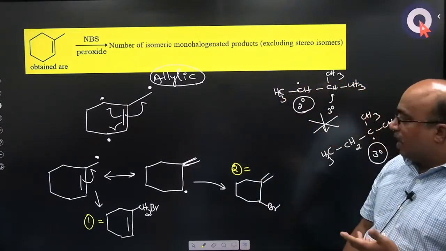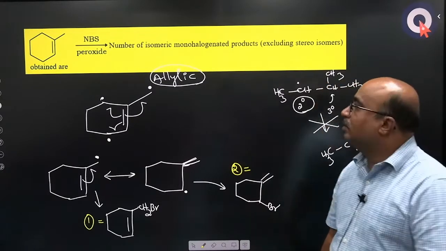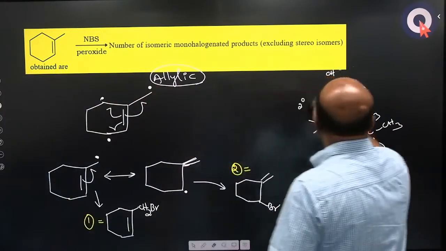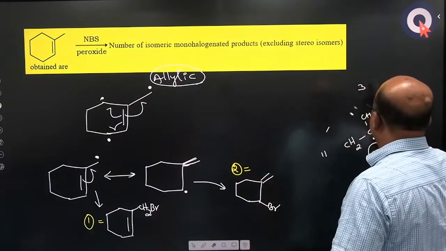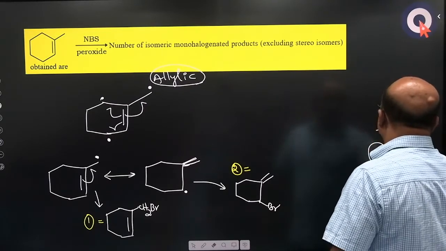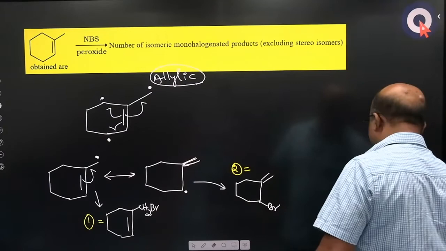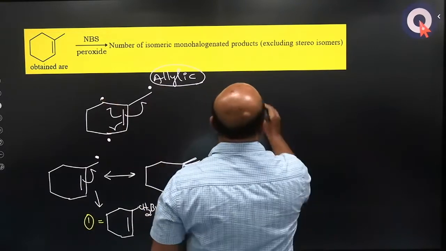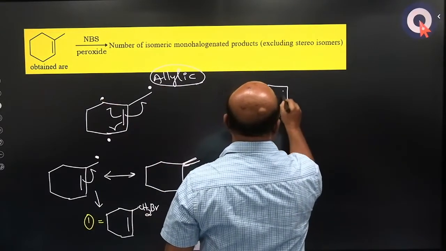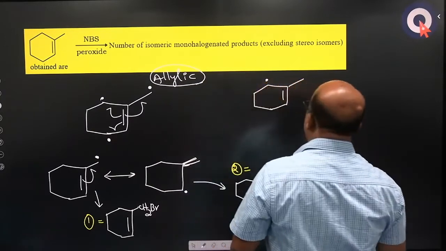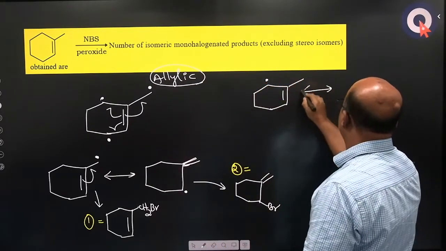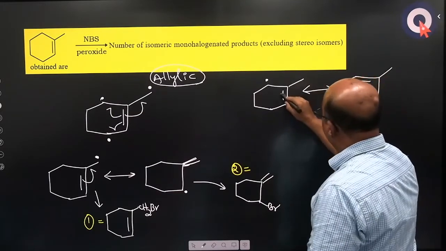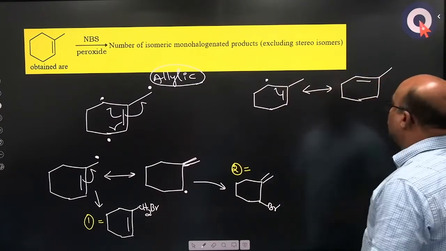Now coming to the other allylic radical that exists. What is that other allylic radical? Let us write it here only. You can get the radical here. A double bond was already here and the radical formed. What is its resonance structure? The double bond comes here because the pi bond is shifting like this, and then you will get a radical here.